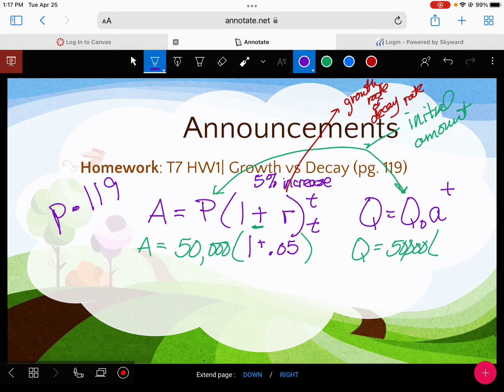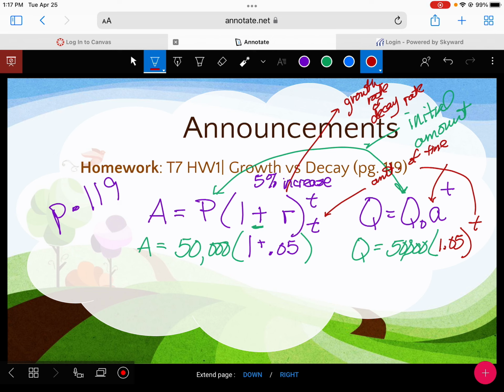Over here, the A would be your answer after. So it's not 1 plus 0.05, it's just 1.05 to the T power. It's the same thing, only written slightly different. Okay? Now, to the T power, T is our amount of time. Amount of time for both of these.